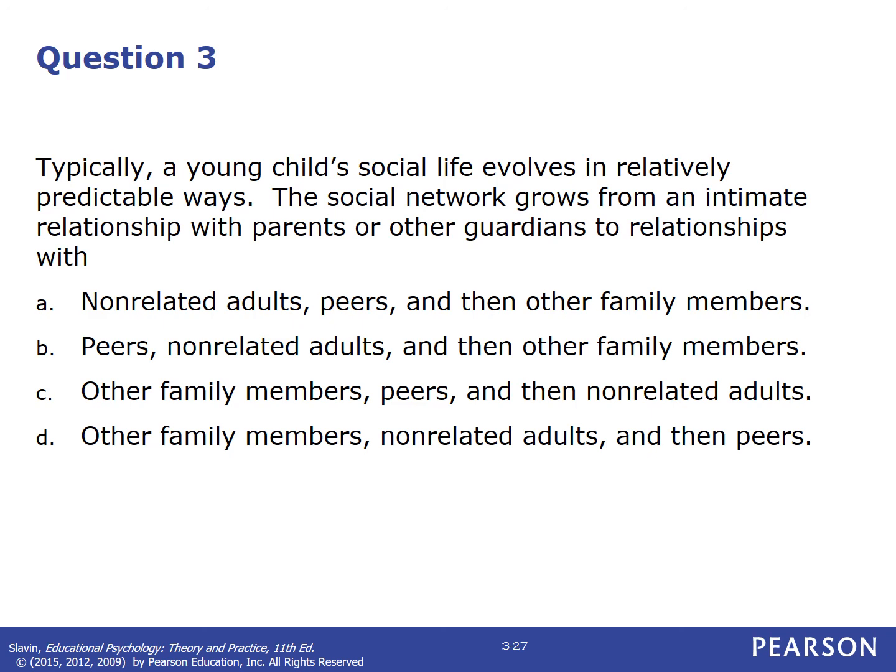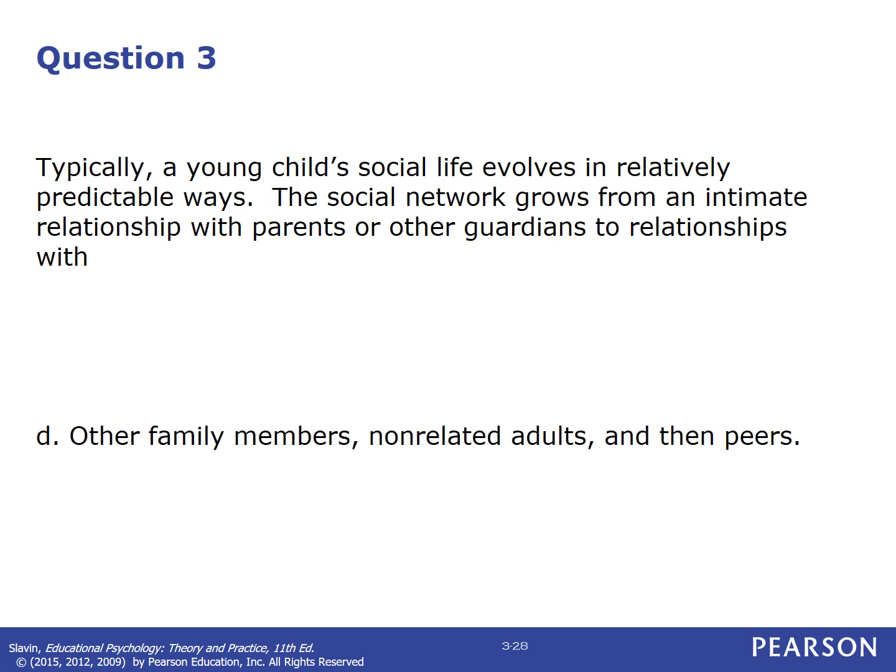Or D, other family members, non-related adults, and then peers. If you answered D, you would be correct. At first, the child is very close with his parents, and then he's close with his siblings and grandma, grandpa, aunts, and uncles, and then teachers and caregivers, and finally he moves off to peers.